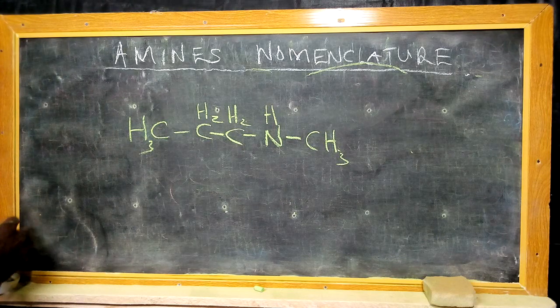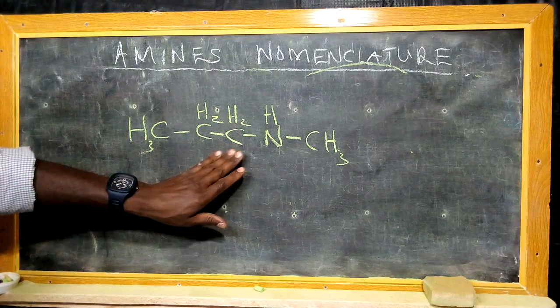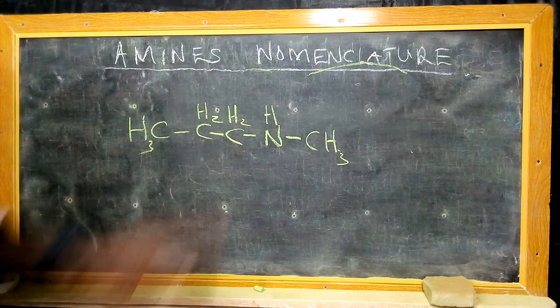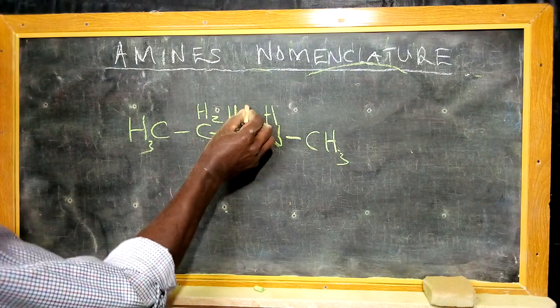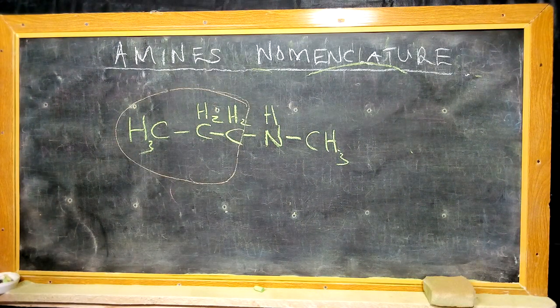So the name of that compound: as we said, whenever we have two substitutions on the nitrogen, we always consider the radical with the largest number of carbon atoms as the parent. We consider that one as the parent amine.